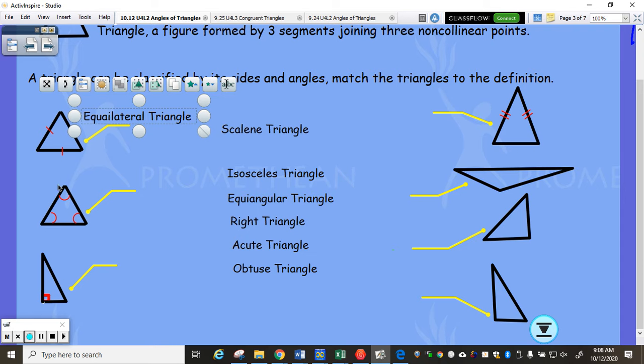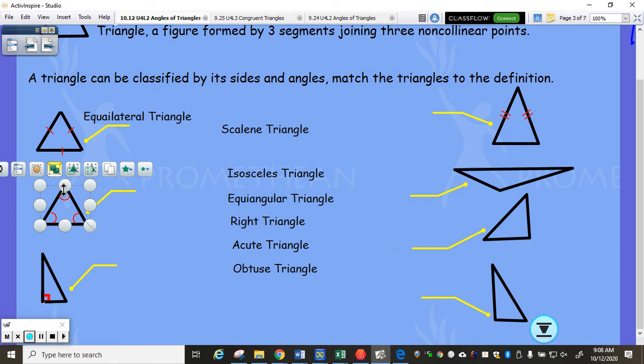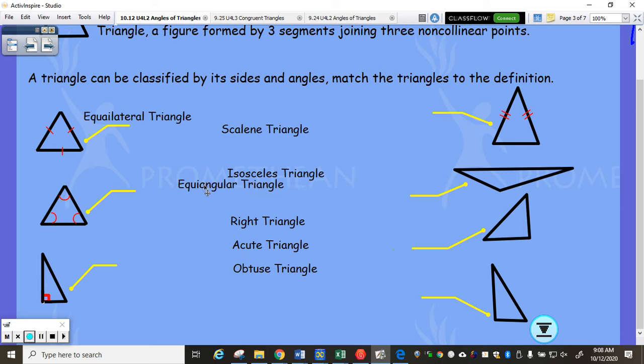What kind of triangle is this right here? Kind of, but these little curves right here mean that all three angles are equal to each other. So from the selections that I have left, what triangle would that be? Equiangular. Very good.